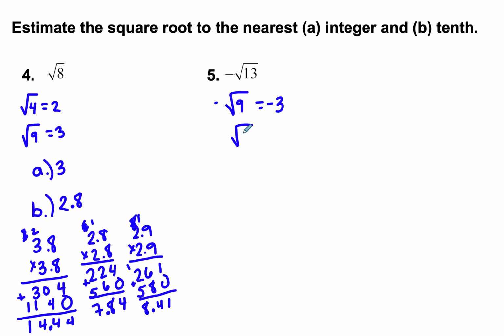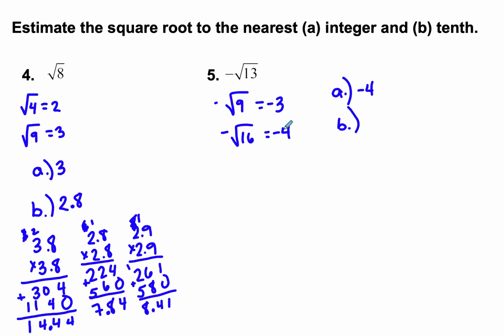I know the negative value of the square root of 16 is going to be negative 4. Negative 13 is 4 units away from negative 9. It is 3 units away from negative 16. So it is just barely closer to the square root of negative 16, which is negative 4. So part A, to the nearest integer, is going to be negative 4.